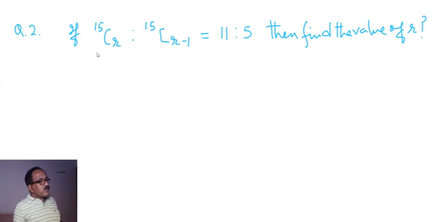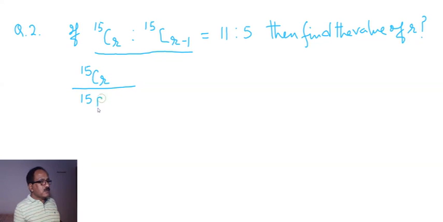Students, we can write 15CR ratio 15CR minus 1 like this: 15CR upon 15CR minus 1 is equal to 11 upon 5.